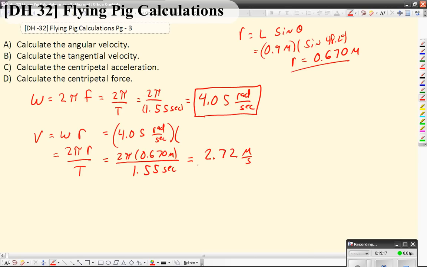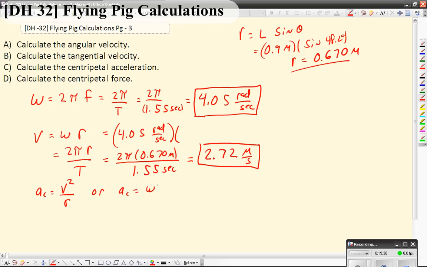The centripetal acceleration we can calculate one of two ways. You can either take the tangential velocity squared divided by the radius, or you can use the angular velocity squared times the radius. In either case, you're going to get the same answer.